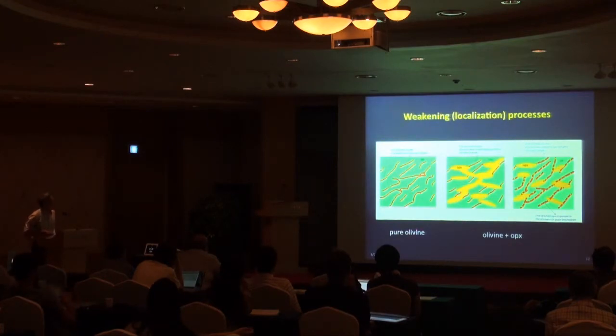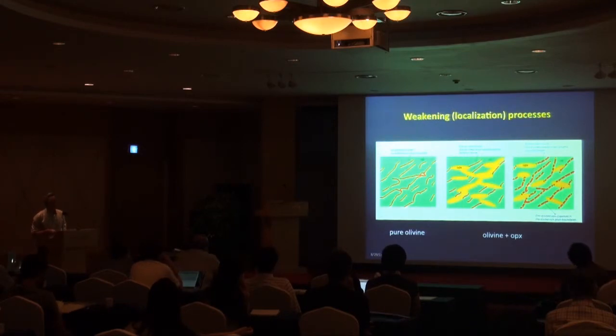For instance, in a pure olivine, you may create fine grains by deformation, so-called dynamic recrystallization. And if those fine grains are connected, you may end up with a weaker whole rock. But if you have a mixture of olivine and OPX is weaker, and if you have a connected OPX, you may end up with a very weak rock. And the third possibility is what we found actually.